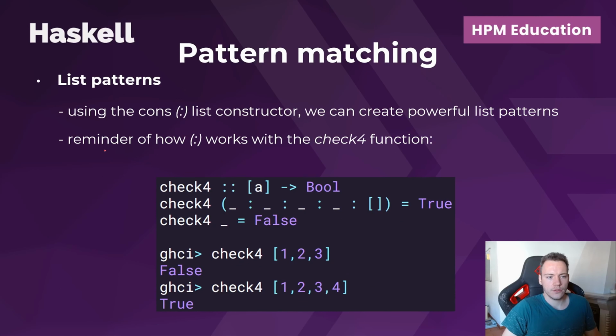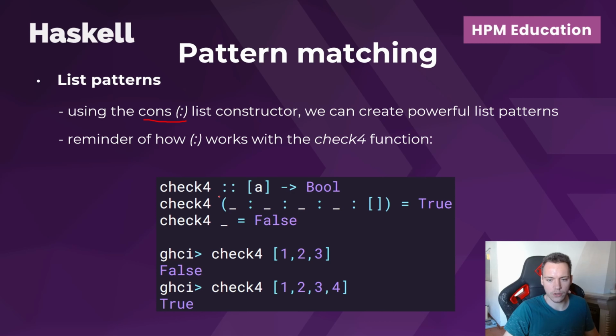Now we'll go back to the cons operator, the list constructor, which we can also use in list patterns, and it is often used when working with lists. So just a reminder of how the cons constructor works is to rewrite this check4 function instead of the list pattern that we had, to rewrite it with the cons constructor.